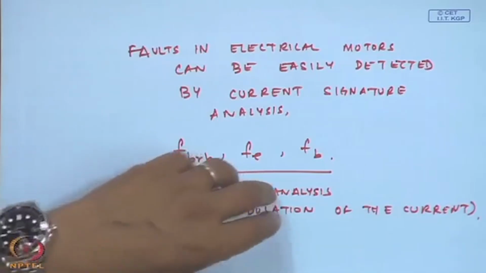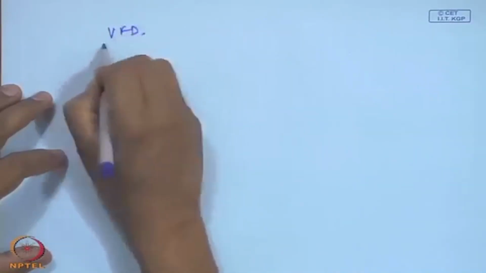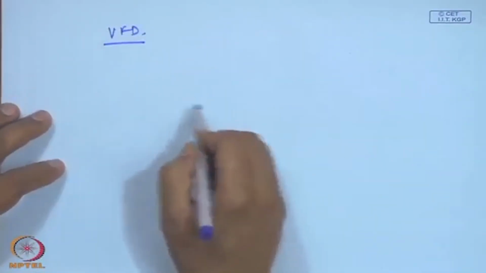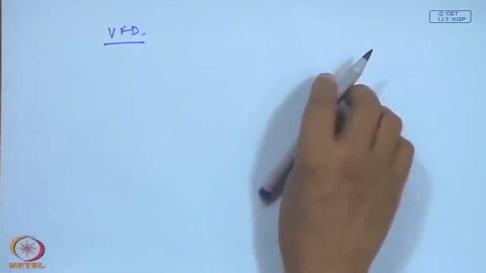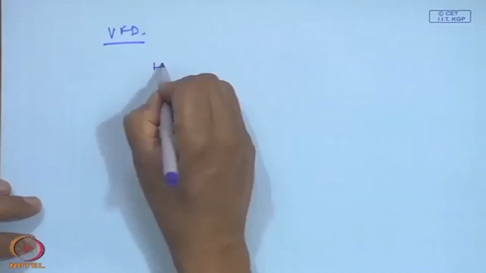Another defect which occurs in motors nowadays, now that we are using VFD drives in electrical motors. Because of these VFD drives, there are a lot of high frequencies in the ripples.